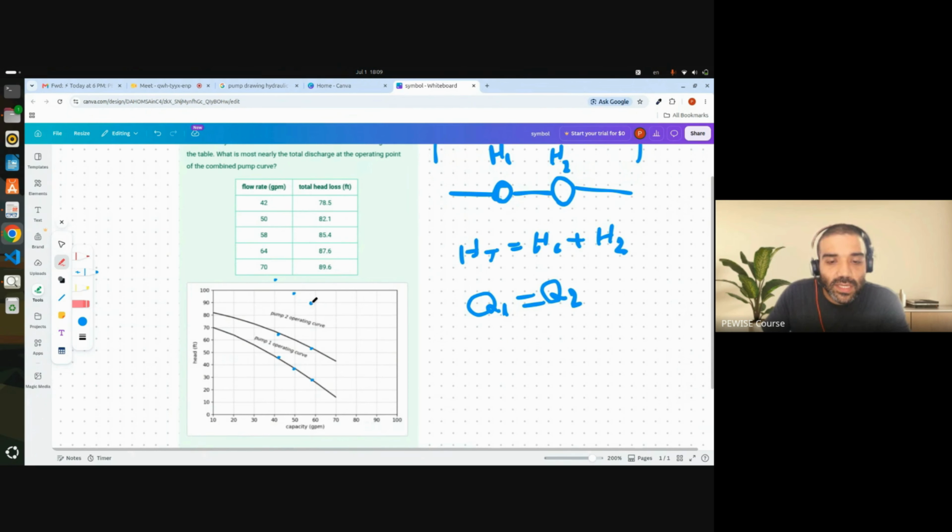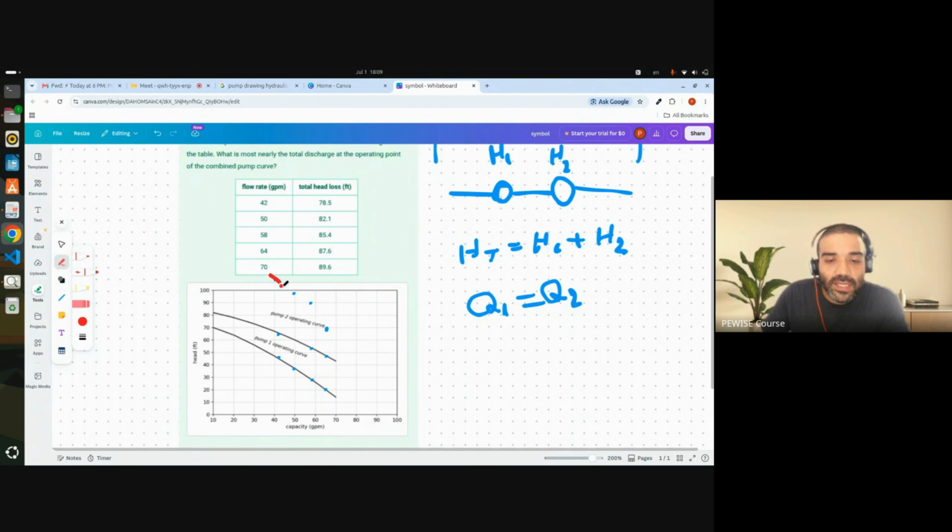This is 90. And 64 here for the first one, and this is for the second one, the head added. So 20 plus 50, you will have 70.